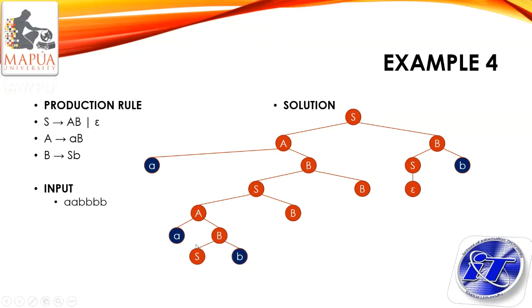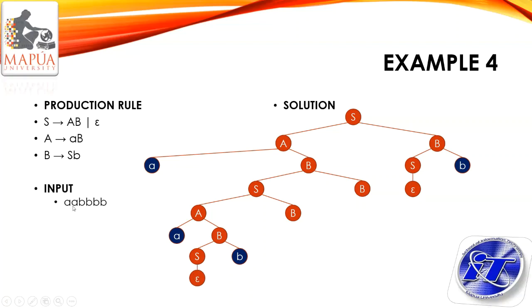Okay, so what will be the symbol after S? What will be the option that we're going to implement to replace S? Will it be AB or null? Definitely null. Why?